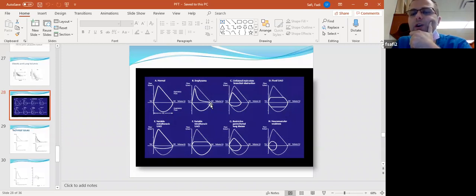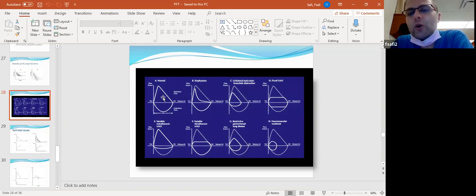If the flow volume curve during inspiration looks normal, but during expiration shows some obstruction, then that tells you this is emphysema. If the flow volume curve looks normal, but all the volumes are restricted, this is a restrictive lung disease.